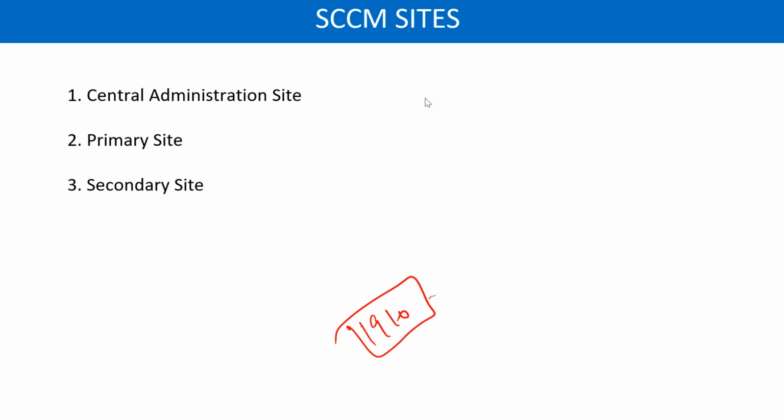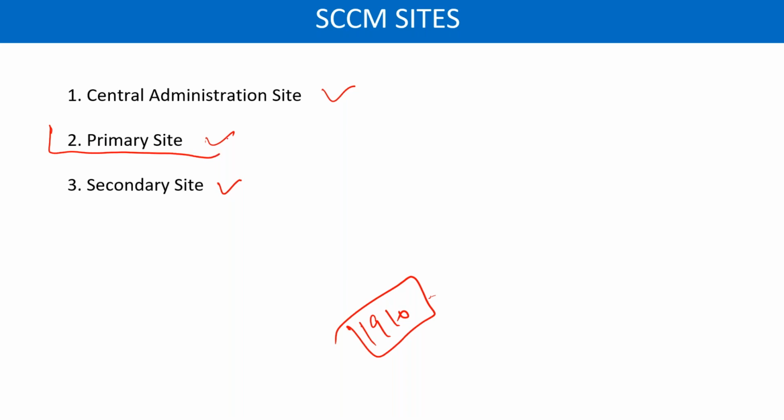Okay, no worries. So we have three sites in SCCM: central administration site, primary site, and secondary site. I'll talk about these sites later on in more detail: what these sites are, when we need a central administration site, and when we need a secondary site.